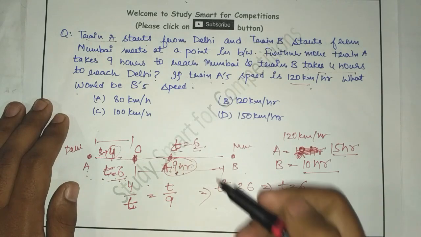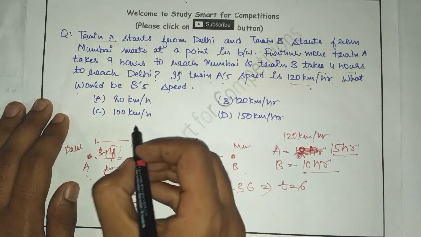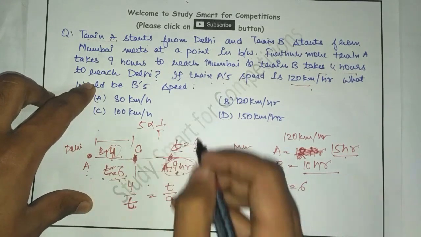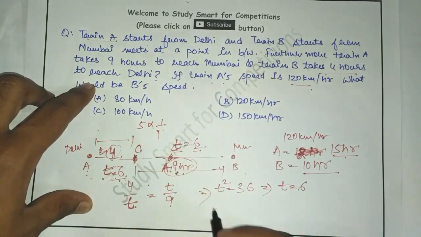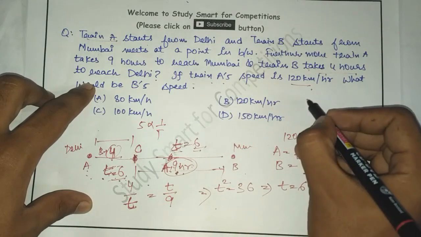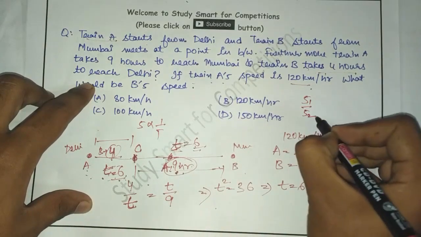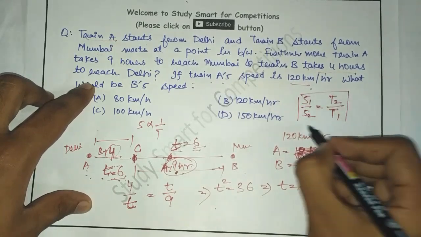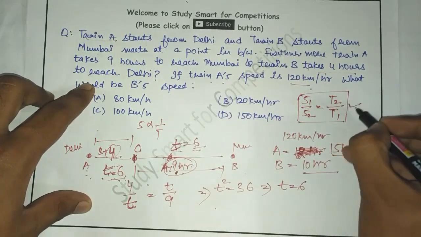So you know that speed and time are inversely proportional. Speed is inversely proportional to T. So if there are two speeds, S1 over S2 would be T2 over T1. That is the formula.